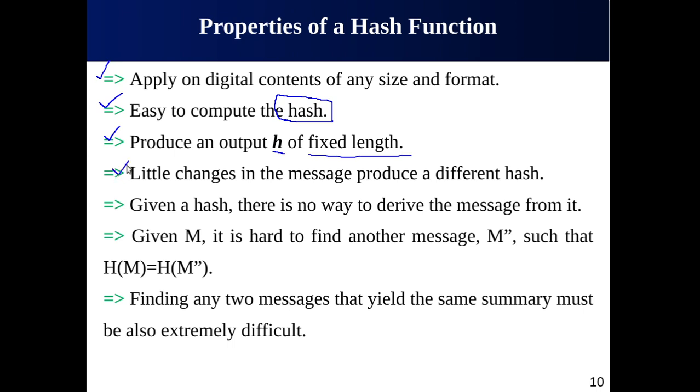This property is actually interesting. Little changes in the message produce a different hash. If you change even a single bit in the input data, then it will have a great impact on the hash value itself, or on the message digest, or on the output. It will produce a completely different output. And there is the beauty.